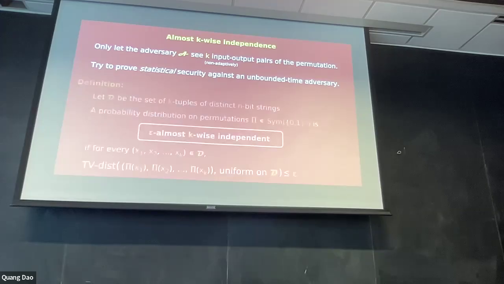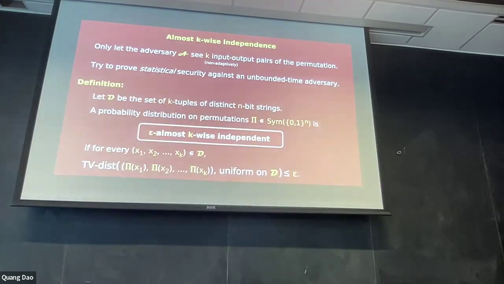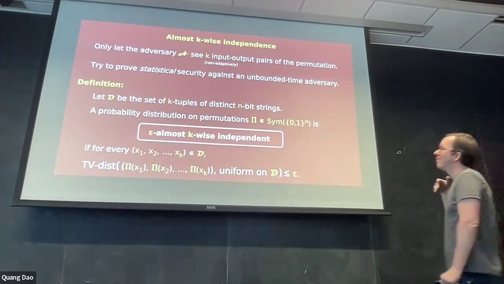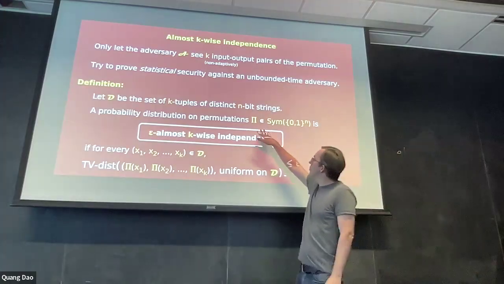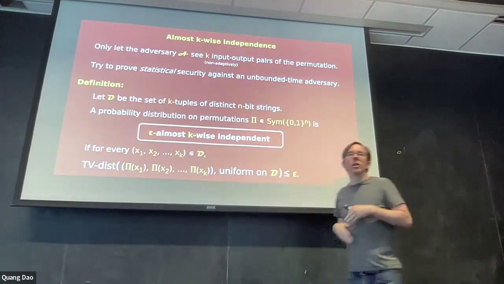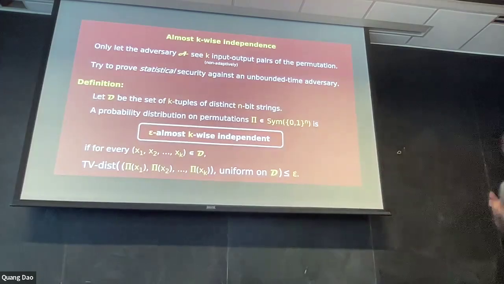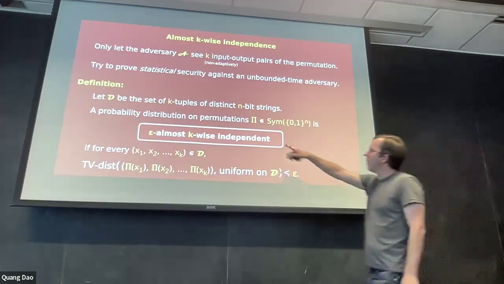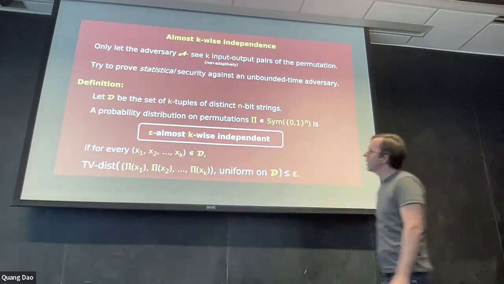More formally, here's the definition of what it would mean for a probability distribution on permutations pi, like random 1D local reversible circuits with n cubed gates or something, to be almost k-wise independent. Let D be the set of all k-tuples of n-bit strings.